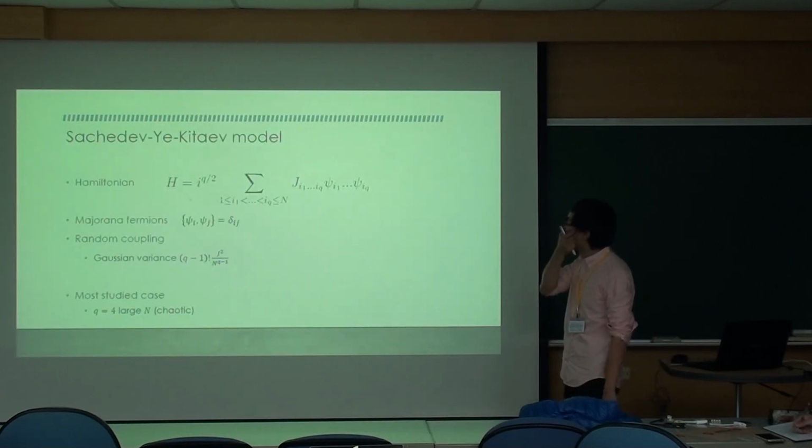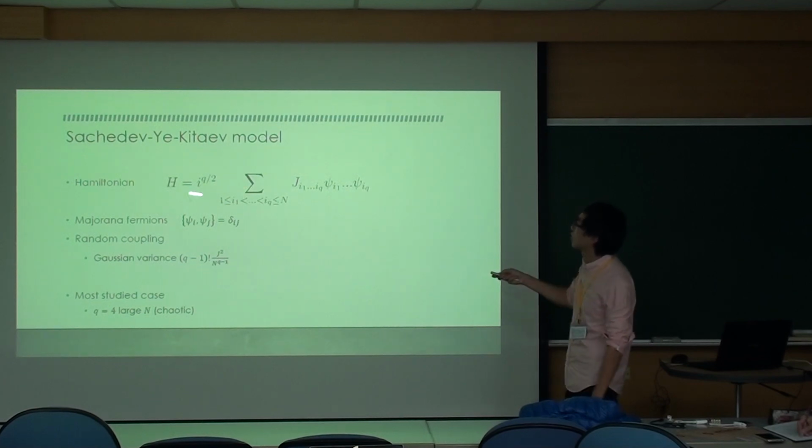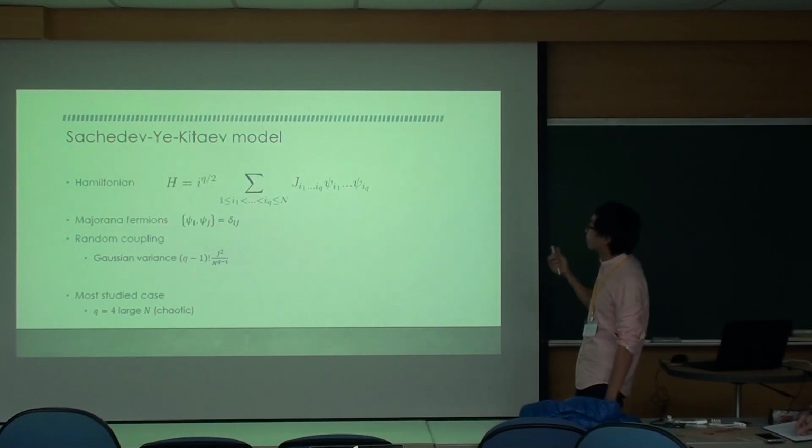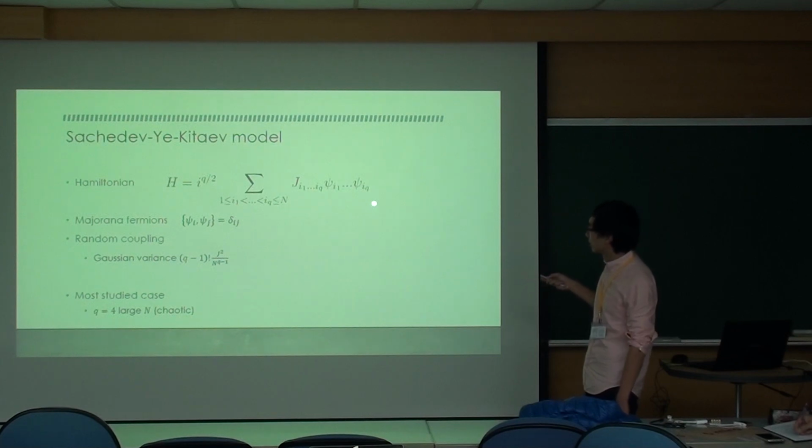The qubit model that we are interested in is called the SYK model, and the Hamiltonian is given by this form for general q. Here q indicates how many q-point interactions we have in the Hamiltonian. We restrict ourselves to Majorana fermions with these anti-commutation relations.